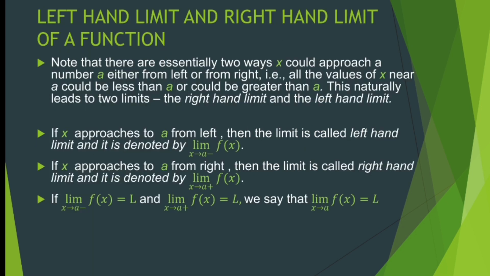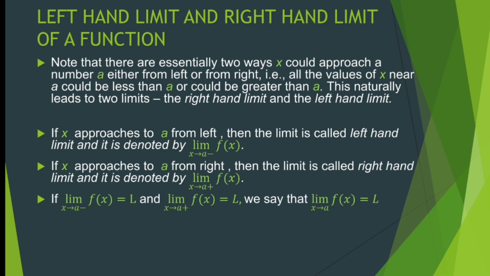Note that there are essentially two ways x could approach a number a, either from left or from right. This naturally leads to two limits, the right hand limit and the left hand limit. If x approaches a from left, then the limit is called left hand limit and is denoted by limit as x approaches a minus of f(x).